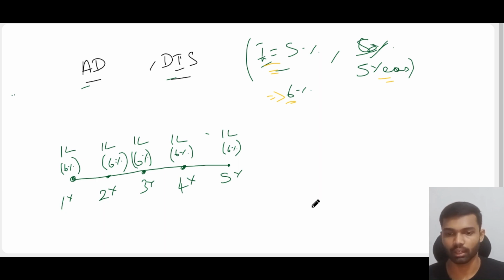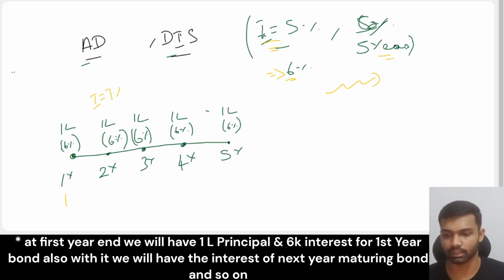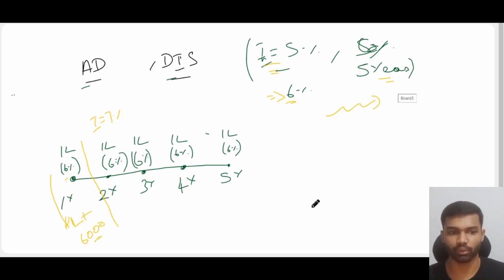Now let us consider that the inflation in the economy is rising. The next year, let's consider the inflation rose to 7%. In the first year, we have our 1 lakh plus our 6,000 rupees, that is 6% interest. In the second year, we ladder our bond.